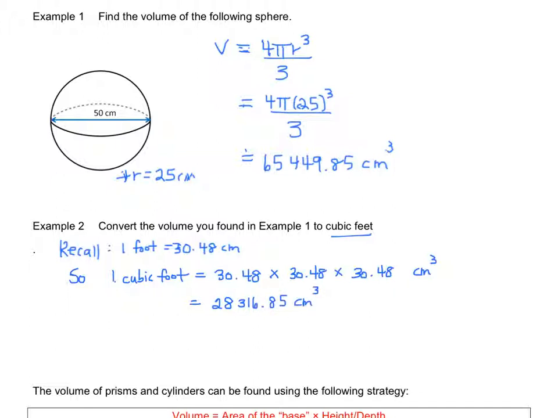28,316.85 cubic centimeters. Now we are interested in converting 65,449.85 centimeters cubed into cubic feet, so our answer from example 1. If we take that number, and we know that every 28,316.85 centimeters cubed is 1 cubic foot, then we would want to divide by that number to see how many cubic feet are in our sphere.